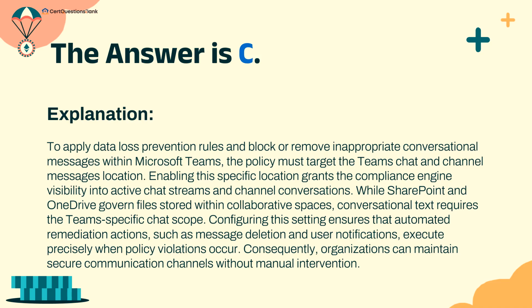While SharePoint and OneDrive govern files stored within collaborative spaces, conversational text requires the Teams-specific chat scope. Configuring this setting ensures that automated remediation actions, such as message deletion and user notifications, execute precisely when policy violations occur. Consequently, organizations can maintain secure communication channels without manual intervention.